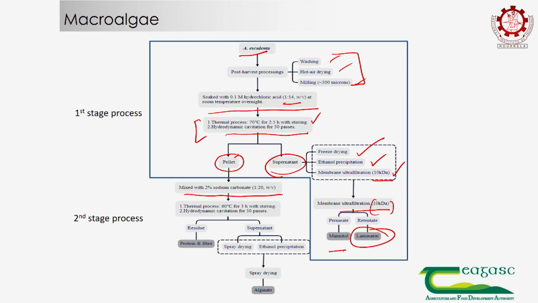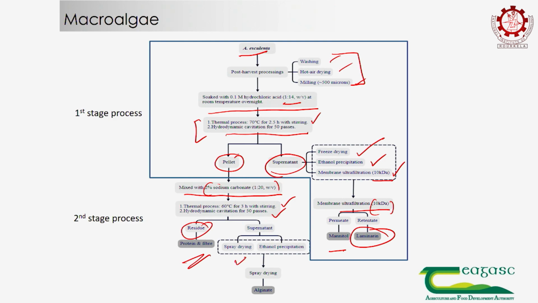The leftover is used to extract alginate, with 2% sodium carbonate. Again I repeat, you can also use sodium bicarbonate. There is no standard ruling on what method to be used, because that is optimized for that particular seaweed. Again 60 degrees for 3 hours or hydrodynamic cavitation for 50 passes. The residue was protein and fiber, we left it at that.